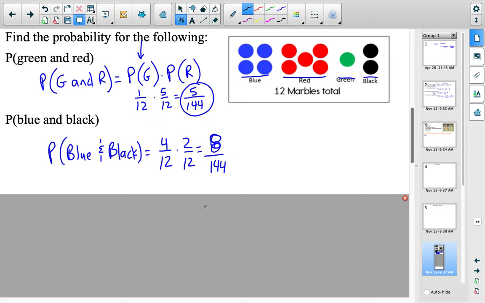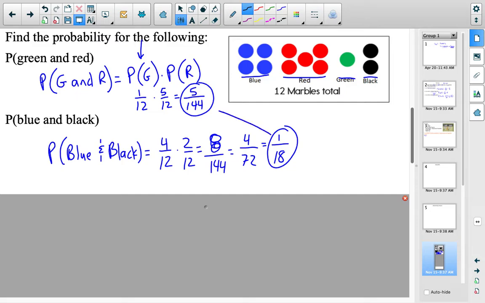That reduces, I know 2 goes into 8 4 times, 2 goes into that, what is that, 72? I can keep going, 4 goes into that, 1, 4 goes into that, 18, I think that's 1/18. So we've got 1 over 18.